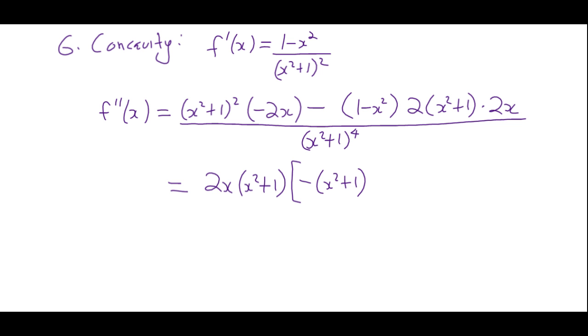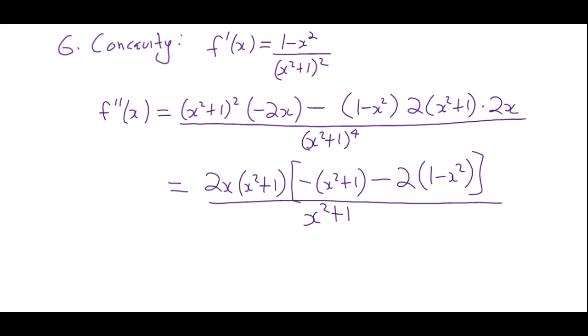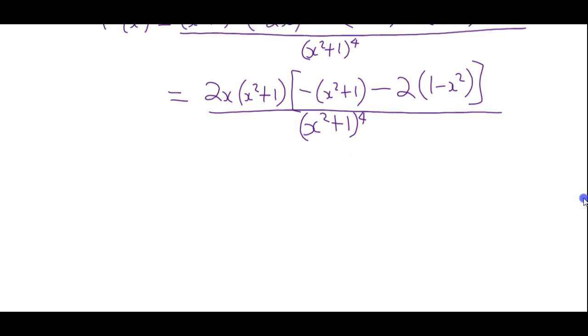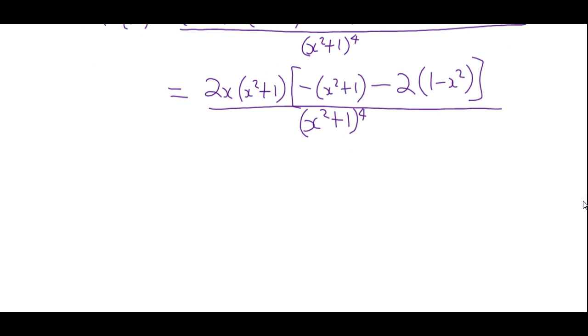Minus, okay, the 2x is gone, and this x squared plus 1. So we've got 2 times (1 minus x squared) over this. Ooh, actually worked.